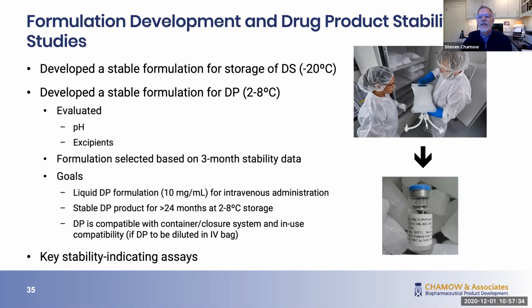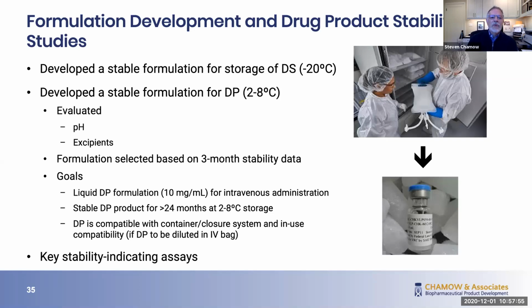Now this is risky, but it's what fits well into the timeline, and enough information can be had from a 3-month stability study that includes accelerated conditions and appropriate stability assays, so that it should work well.